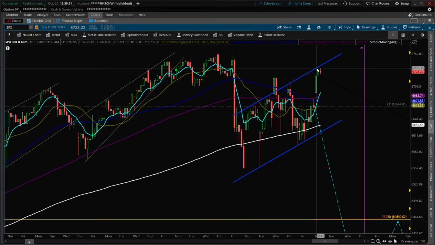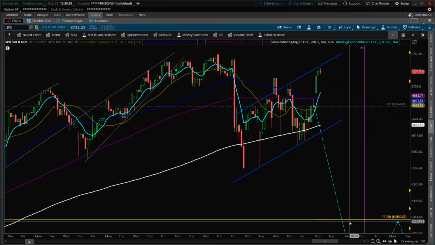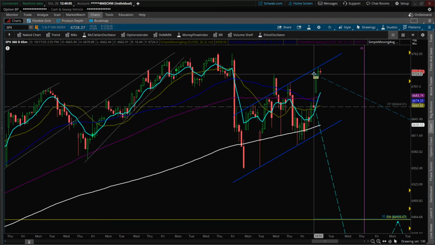There's also the 887 Fibonacci retracement we're looking at. And the options expected move is about 200 points to the downside or upside here, which takes us down to approximately 64.50.